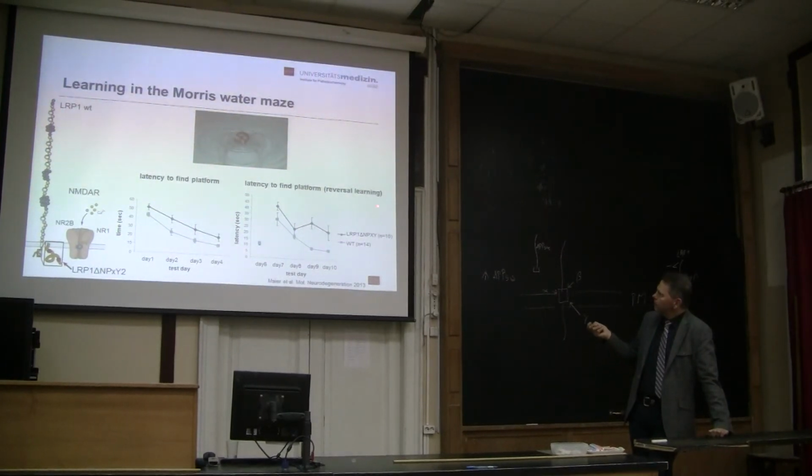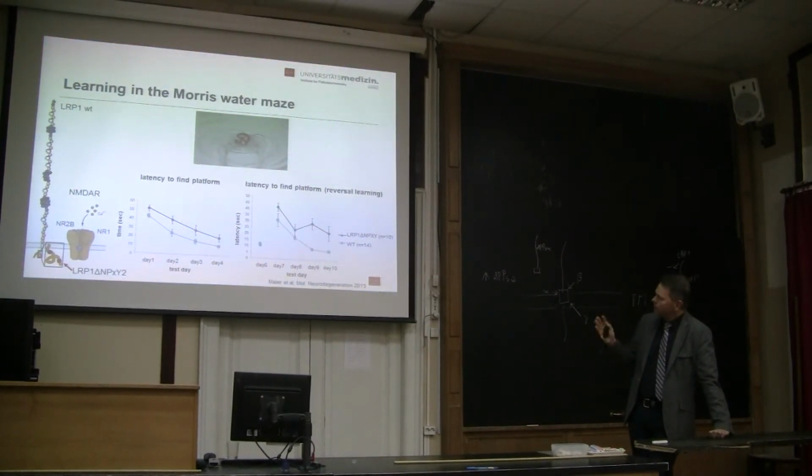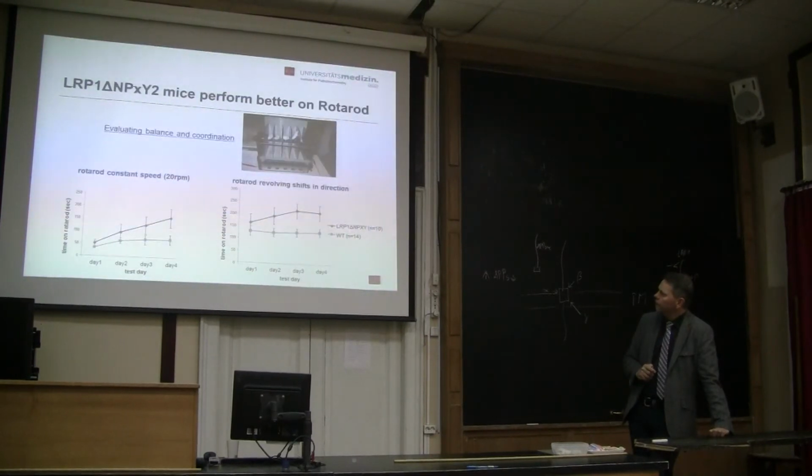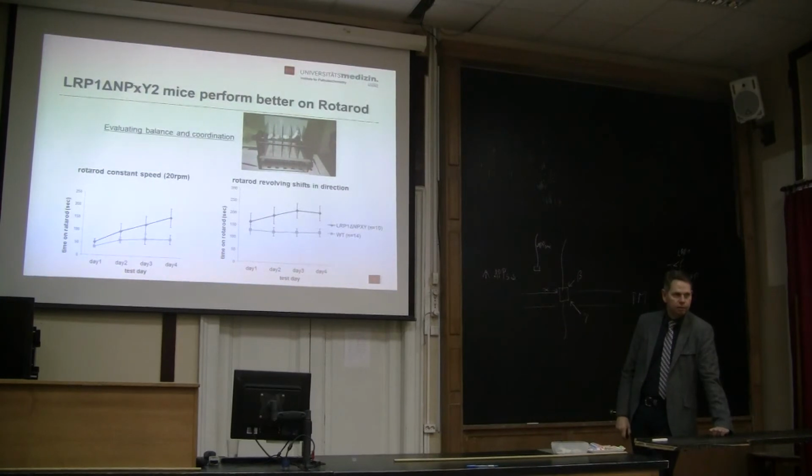And this is even true when we do a little bit more fancy tests. The NPXY2 mice are a little bit dumber than the regular mice. We did rotarod as well. Here, the opposite is the case. I don't know exactly why, I have no explanation for that.